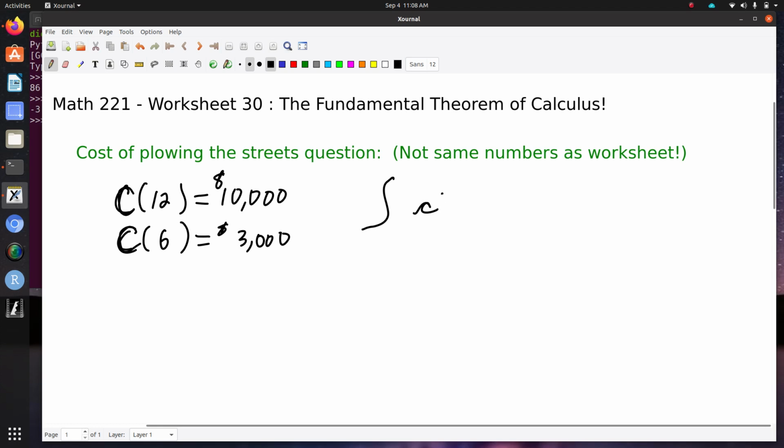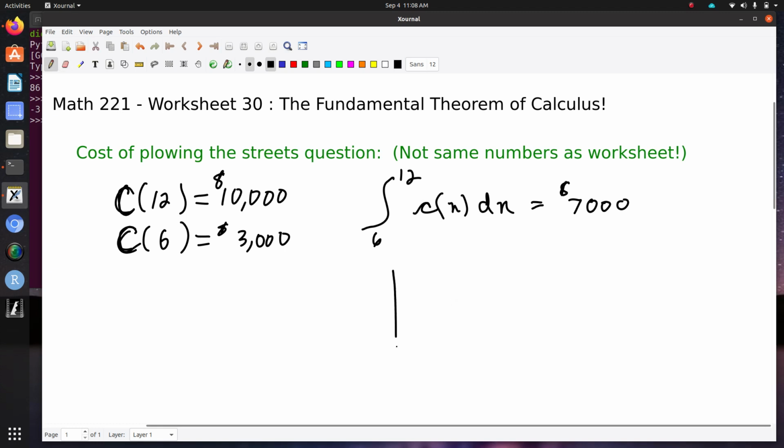Little c means the extra money it costs to remove that amount of snow. He used dn in the problem when he wrote it. So this would be saying this is 7,000, the extra money that you need to remove inches 6 through 12.